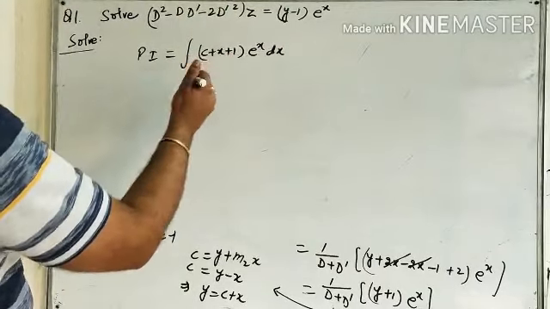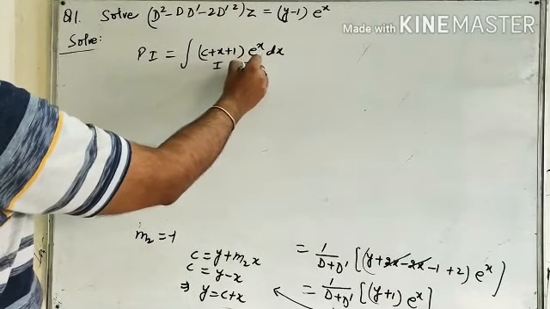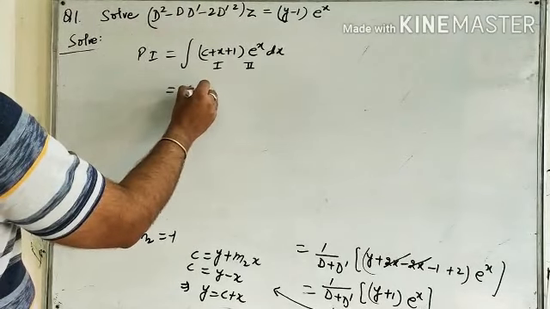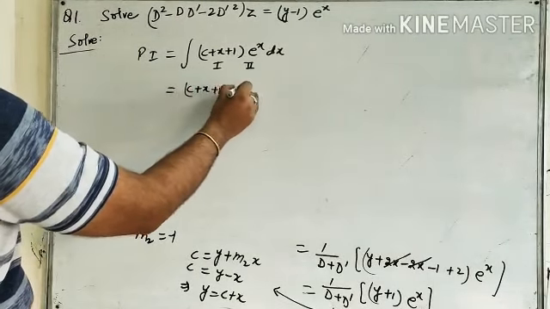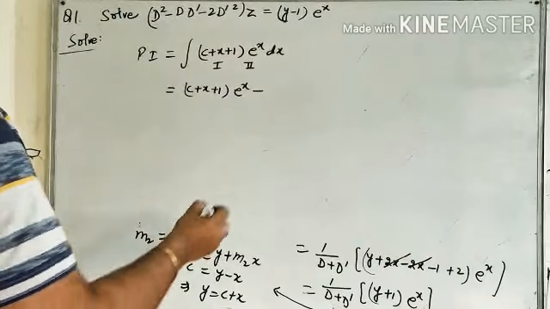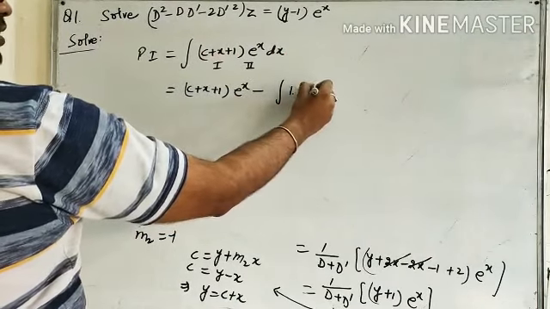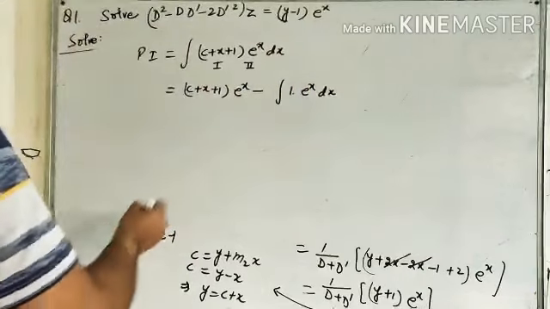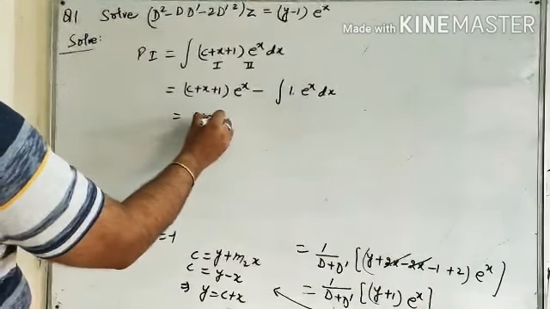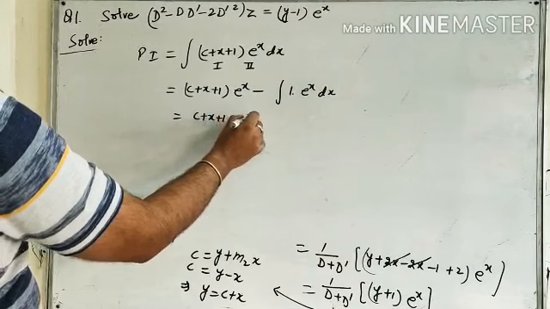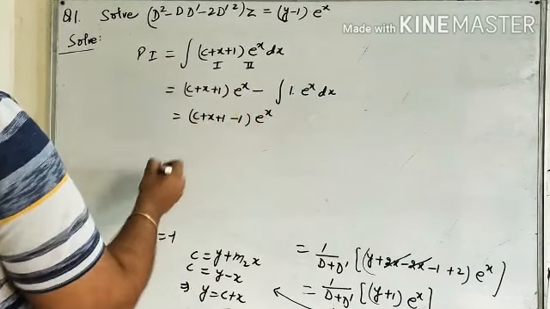Now this is the product of two functions, so we can apply ILATE. c plus x plus 1 as it is, integration of e raised to power x, minus integration of the differentiation of this function, which is 1, integral of e raised to power x is e raised to power x, again integration. So c plus x plus 1 minus 1, e raised to power x.